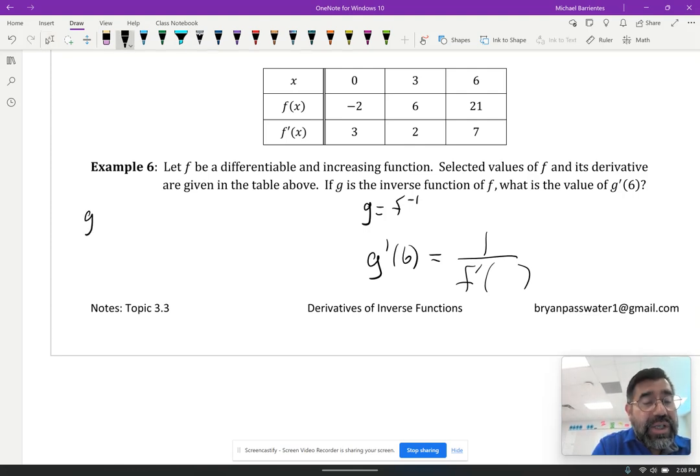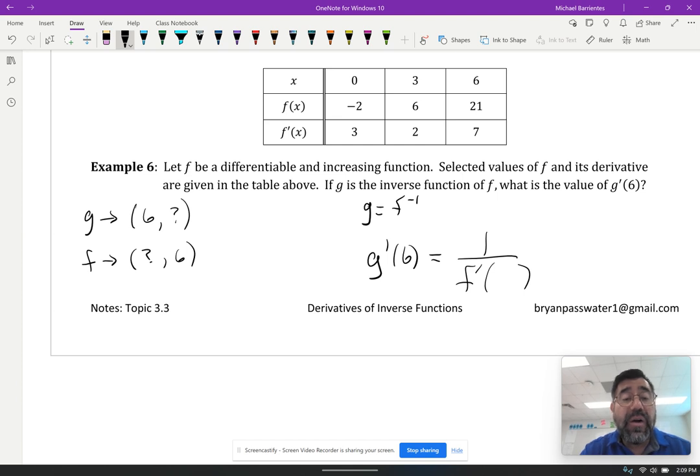So when I think of g, we have an input of 6, but we don't know the output. And so in the world of f, that means I don't know the input, but I know the output. Oh, for f, when my output is 6, my input is 3. So this number is the number that I need to evaluate my derivative of the original function at.